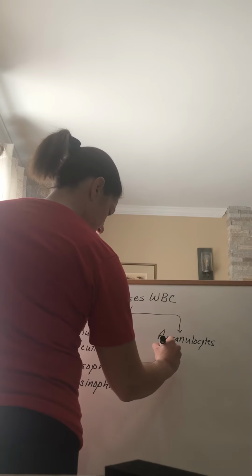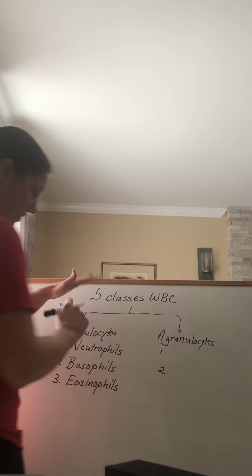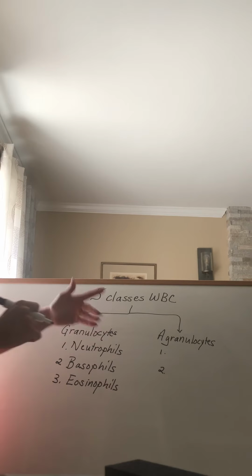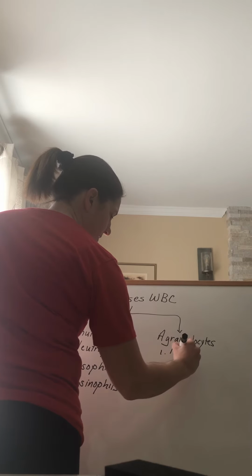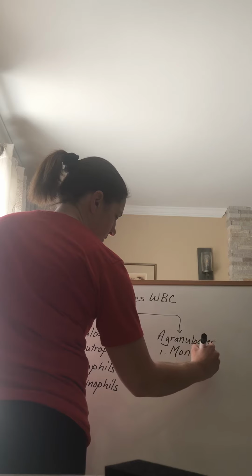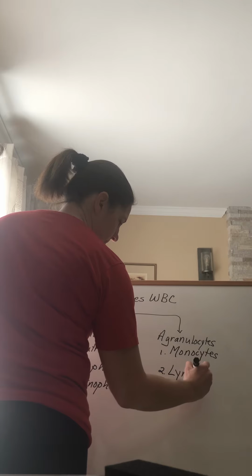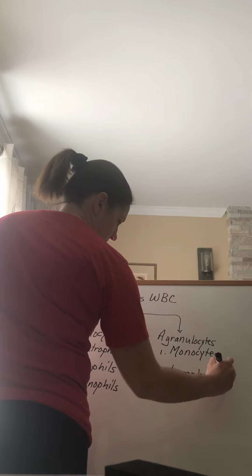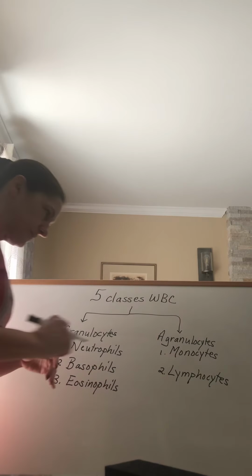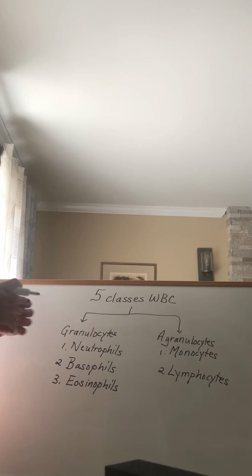The agranulocytes, there are 2, because remember there are 5 total, so we have 1, 2, 3, 4, 5, are monocytes and lymphocytes. So all told, we have 5 classes.